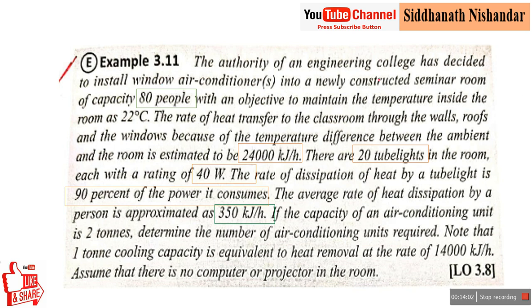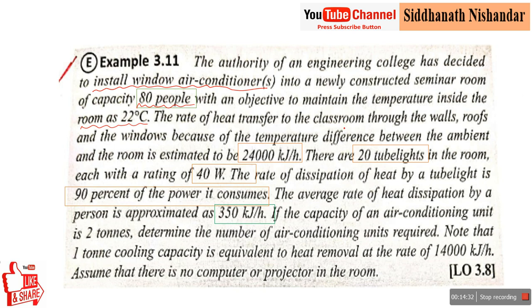The authority of an engineering college has decided to install a window air conditioner in a newly constructed seminar room of capacity 80 people. We have to install the air conditioning for the 80-people seminar room with the objective of maintaining the temperature inside the room at 22 degrees Celsius.